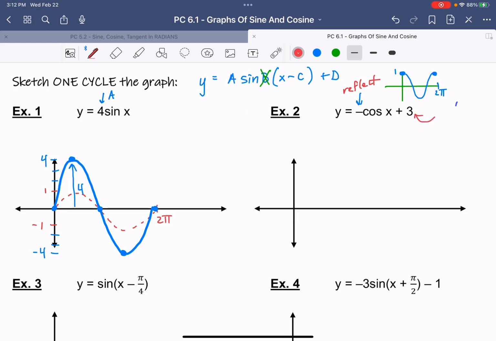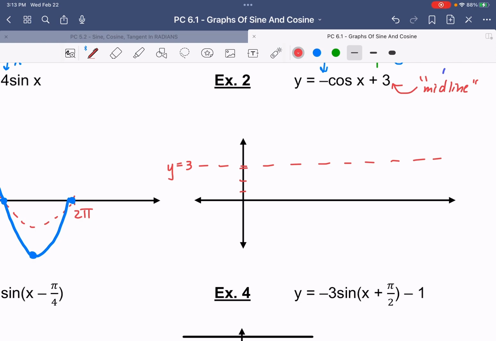And this plus 3, we usually say is a vertical shift, but it's now called our midline. Okay, so notice the midline is usually the x-axis. That is going to be shifted up 3. So I like to shift this up 1, 2, 3. I'm going to shift that midline up. Okay. And since it is a horizontal line, I should name the midline y equals 3.